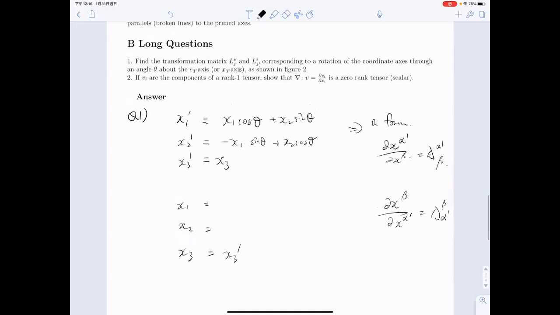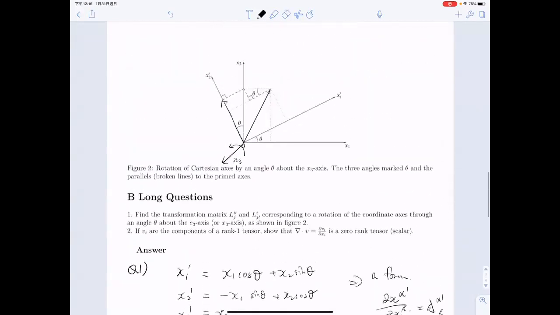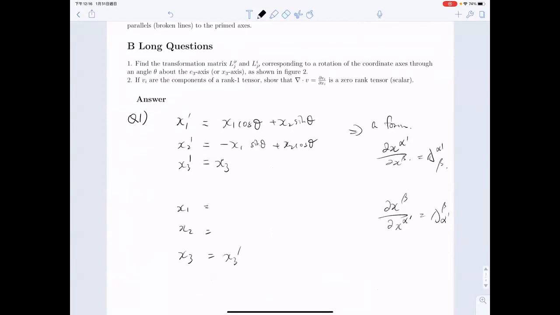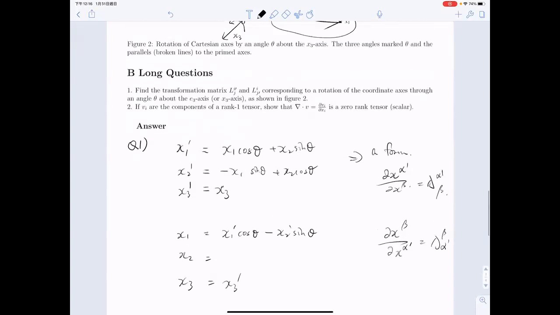So we take x1 and represent it by these two coordinates. Simple mathematics. How will this vector be represented by x1 prime, x2 prime? It is very easy. After calculation, we get this. Easy, right?